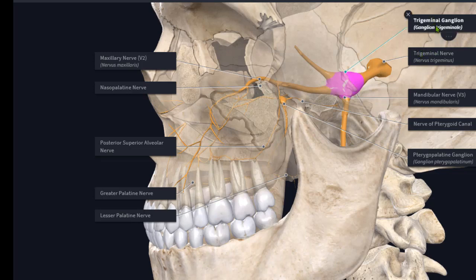This trigeminal ganglion forms three divisions over here: the mandibular division that you can observe over here, the ophthalmic division that is over here, and the maxillary division. This maxillary division enters through the foramen rotundum, that you can observe here.